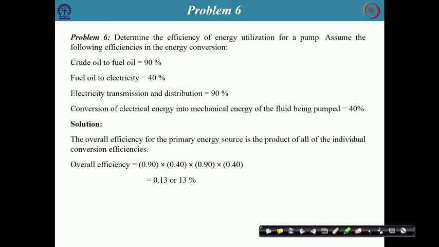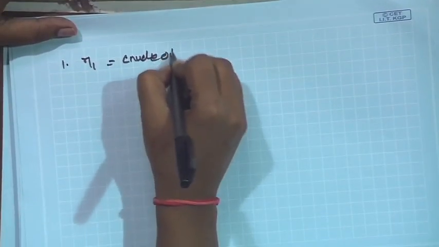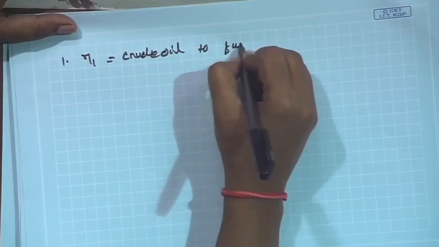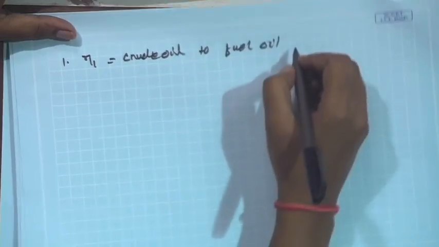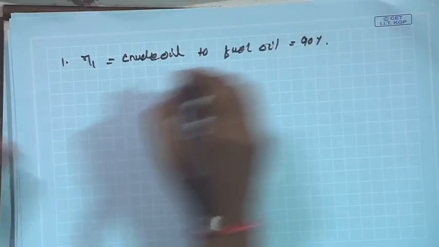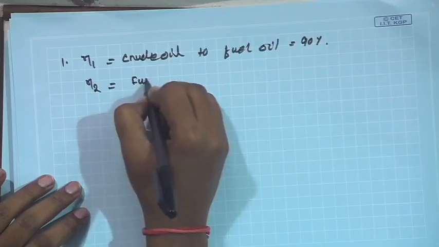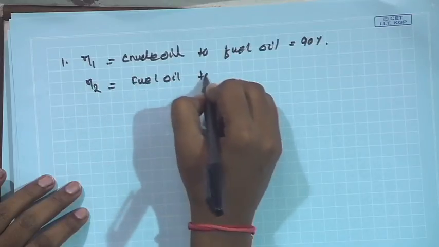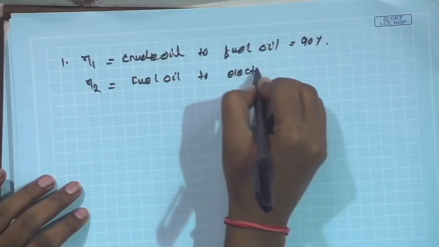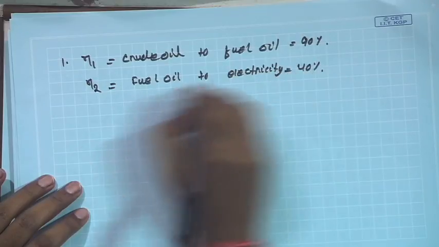process feasibility. In the question, the first efficiency given is crude oil to fuel oil, that is 90%. Then the second is fuel oil to electricity, that is 40%.